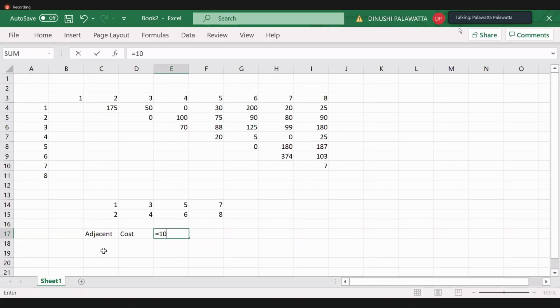And then for other departments, it's 10 for every department in between.